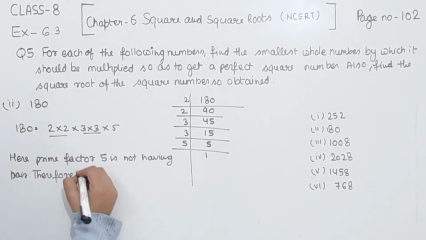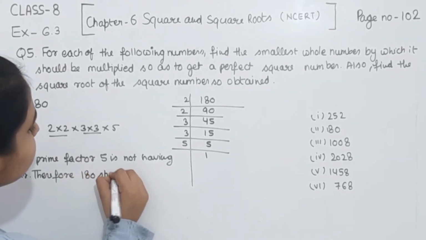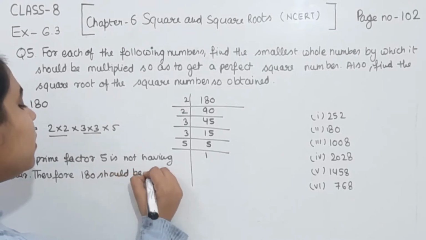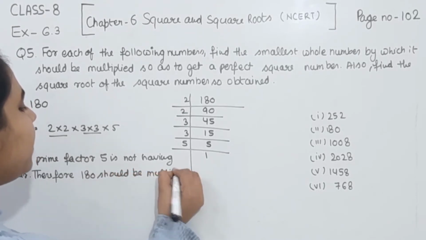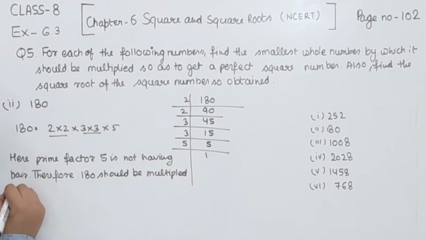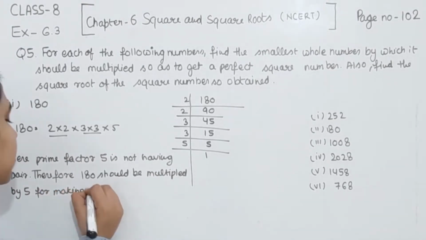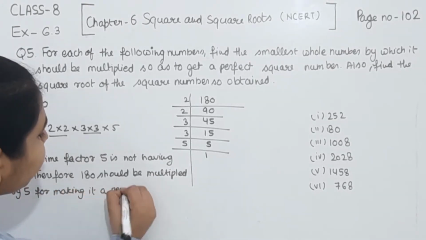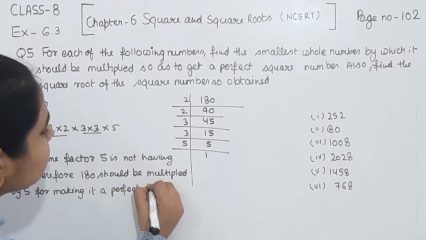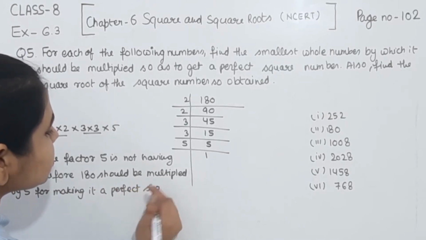So we write here, 180 should be multiplied by 5 for making it a perfect square.